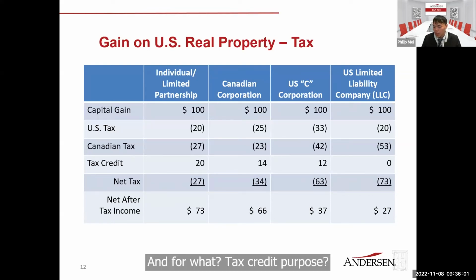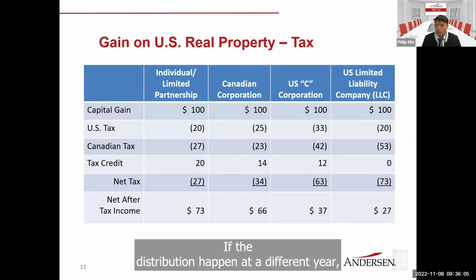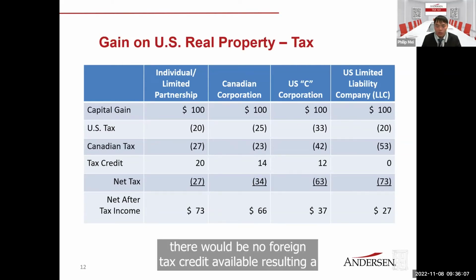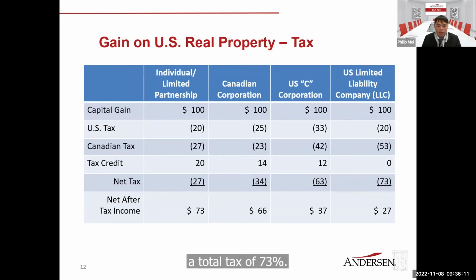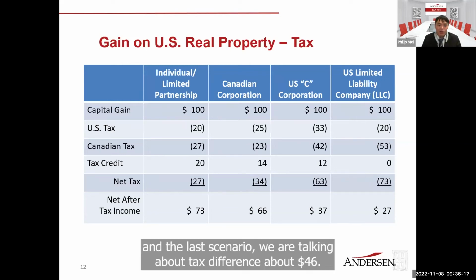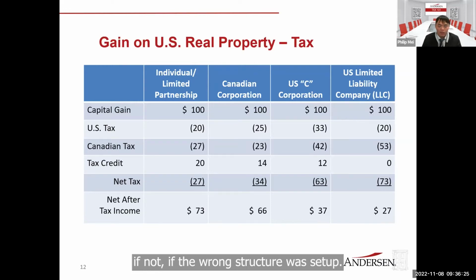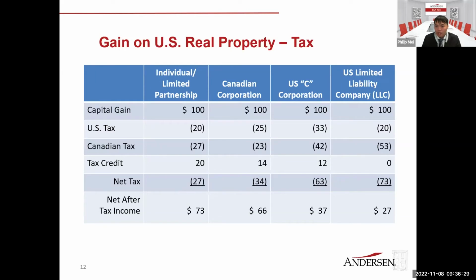And for tax credit purposes, if the distribution happens in a different year, there would be no foreign tax credit available, resulting in a total tax of 73%. So when you compare the first scenario and the last scenario, we are talking about a tax difference of about $46. So almost half of the capital gain gets wasted if the wrong structure is set up.